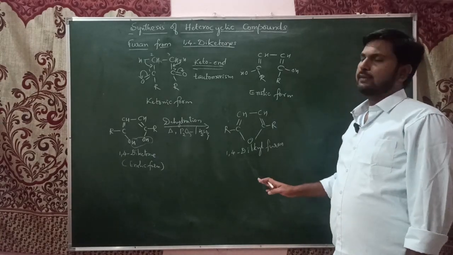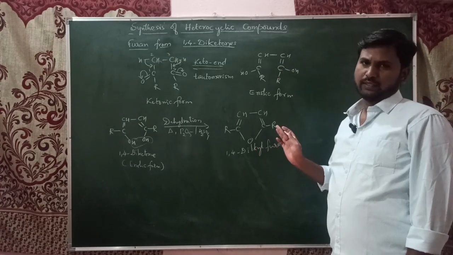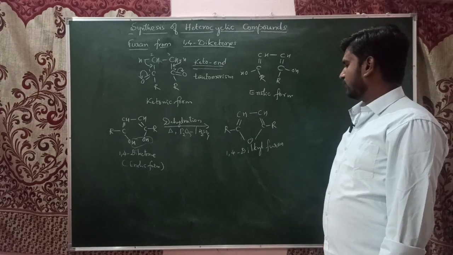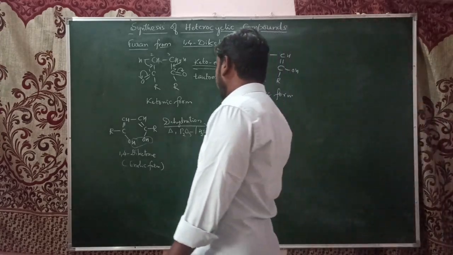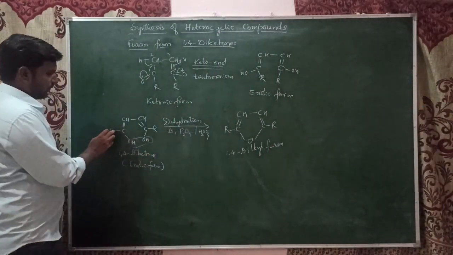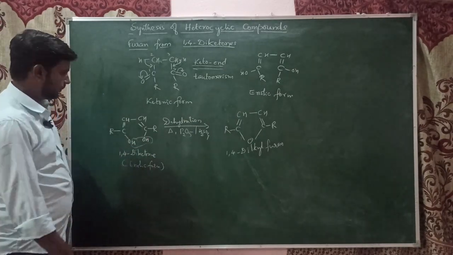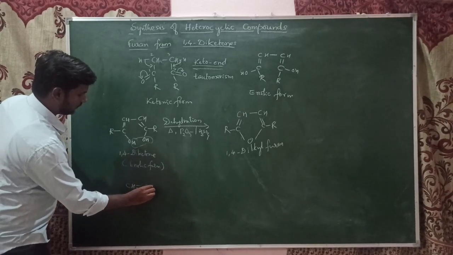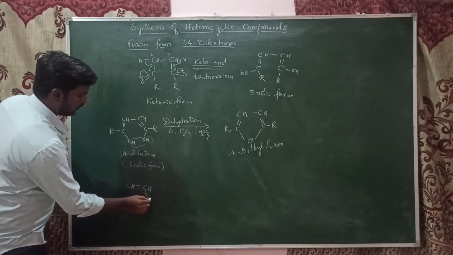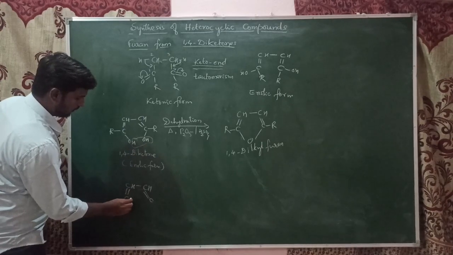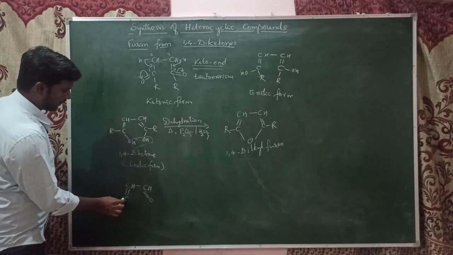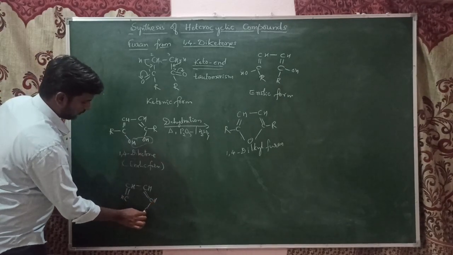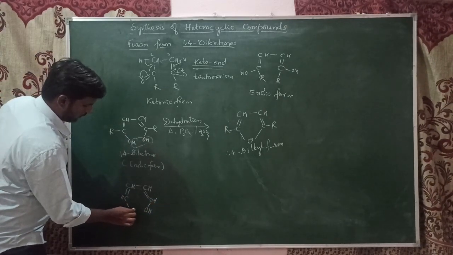This is a very simple method that usually asks for 2 marks in your exam. But if you want to synthesize pure furan, we do not need any alkyl derivative. Then we have to replace this R with H. CH double bond C double bond C, H, H, and this is OH, OH.